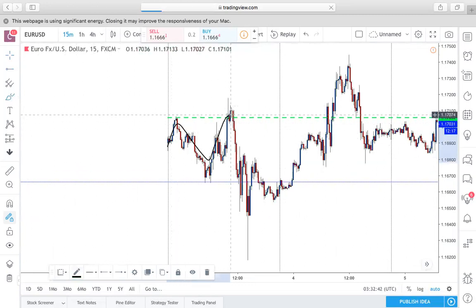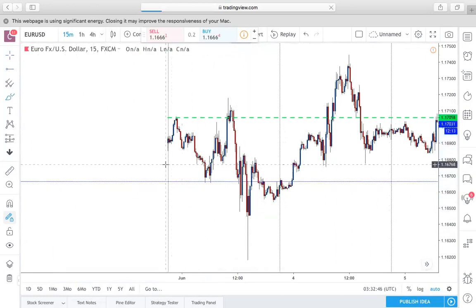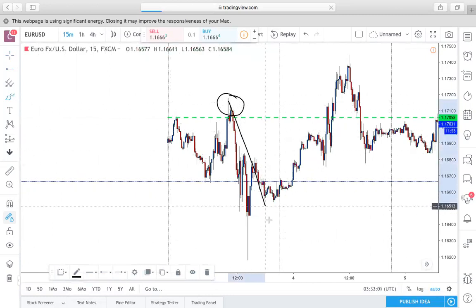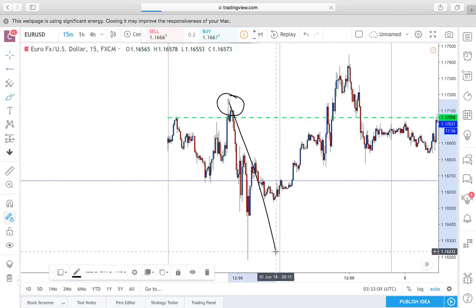That would have been our confirming entry to sell this, because that's our information there. And of course, this wick, which indicates the stop hunt, confirms that our entry is going in the direction we want it to go.